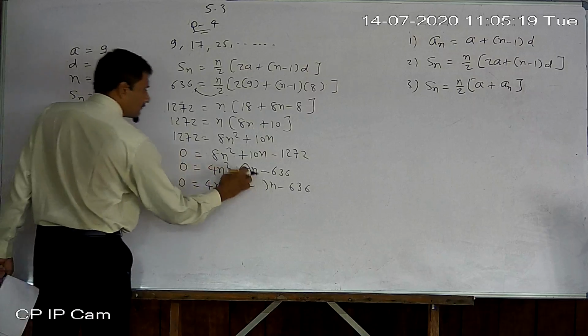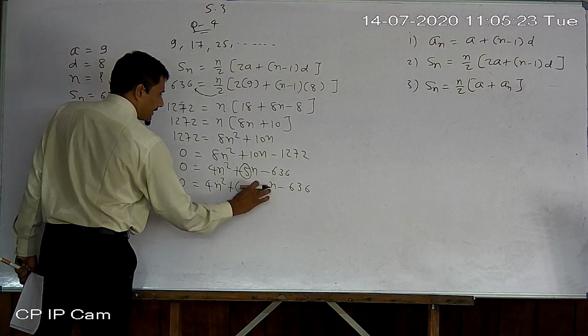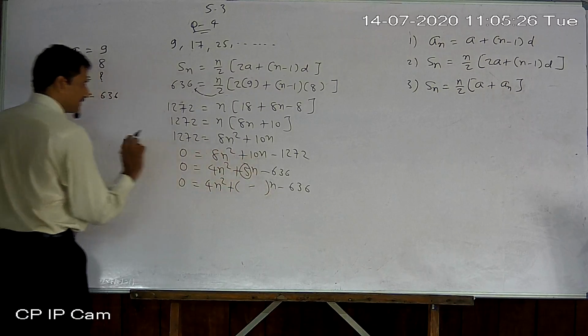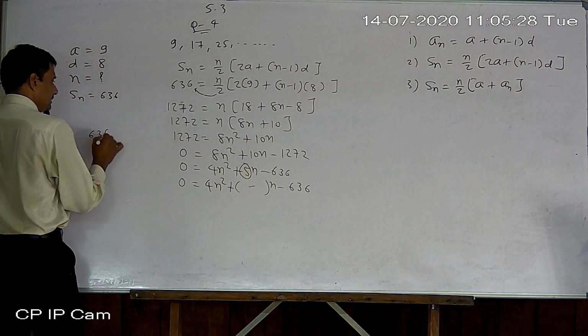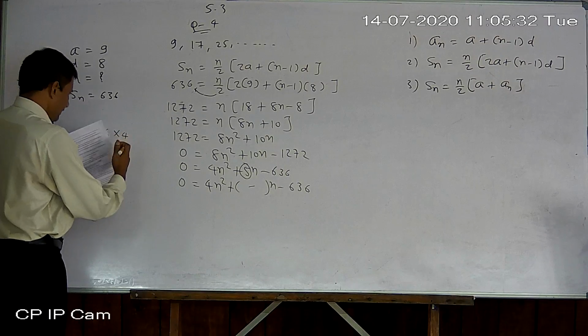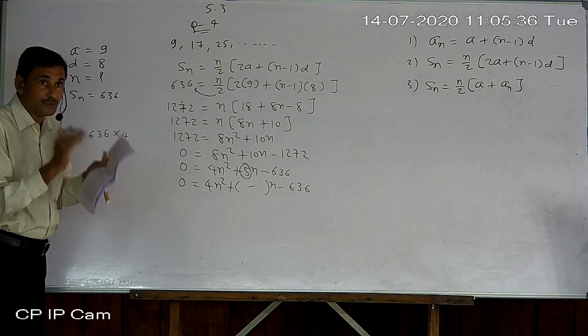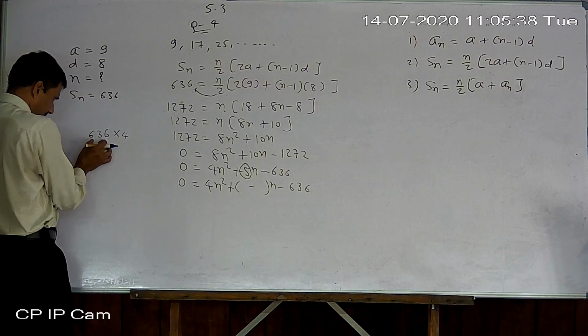Anyway, you cannot get 5. Particularly, you have to write two factors of the product of first and last. So actually 636 into 4, don't multiply them. We only require factors. Don't expand, expand means don't multiply them. You want to factorize this one.